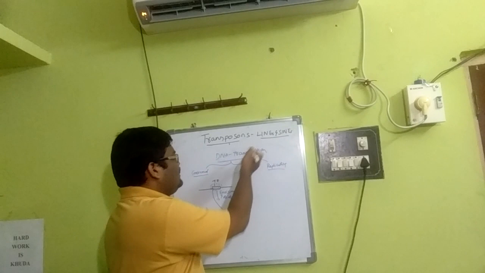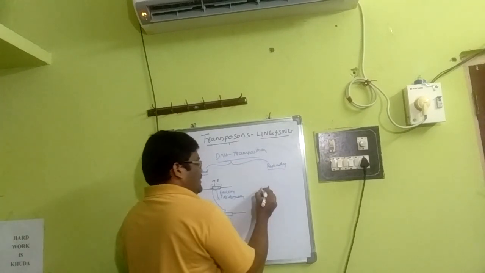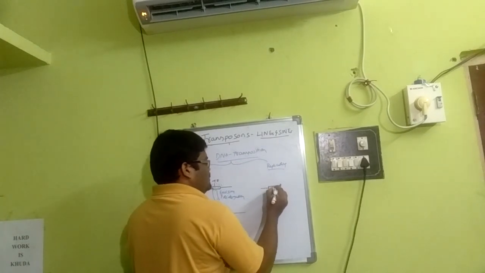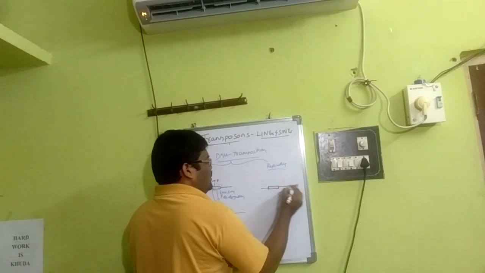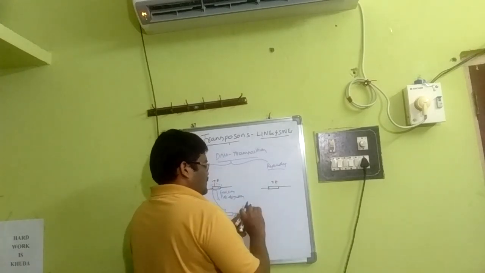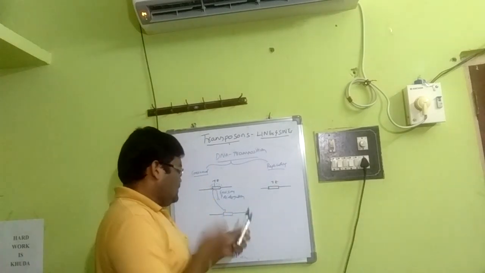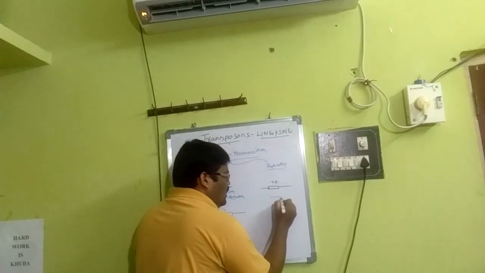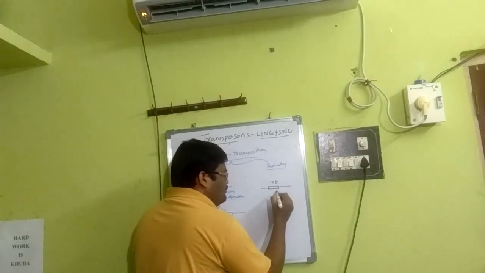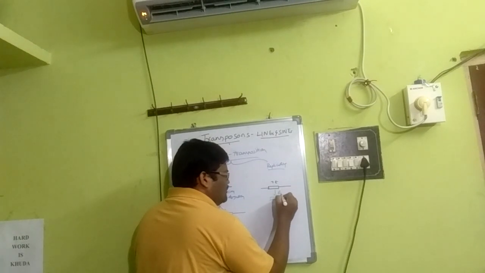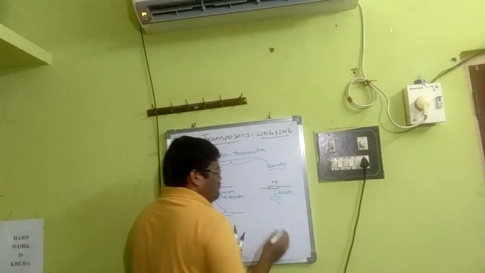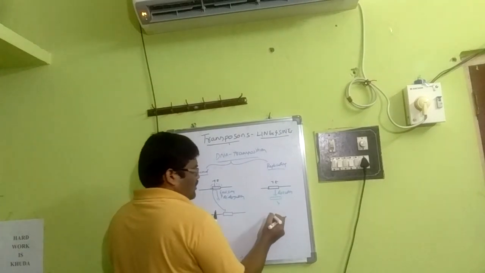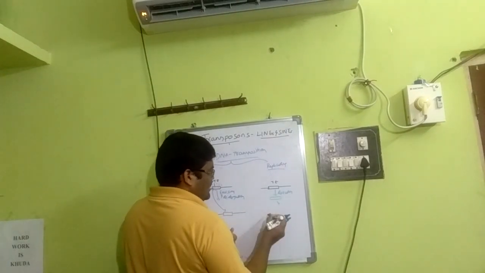But replicative DNA transposition is not like that. Say this is one region, one transposable element, then there is a duplicate, then there is a replication. That means we are creating one more copy of the same. For understanding, we will think like this, within the same chromosome.